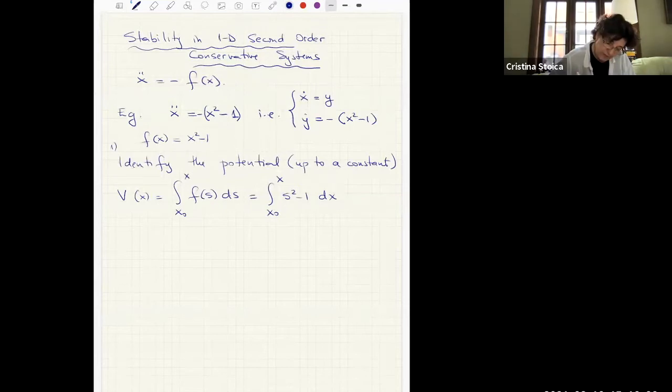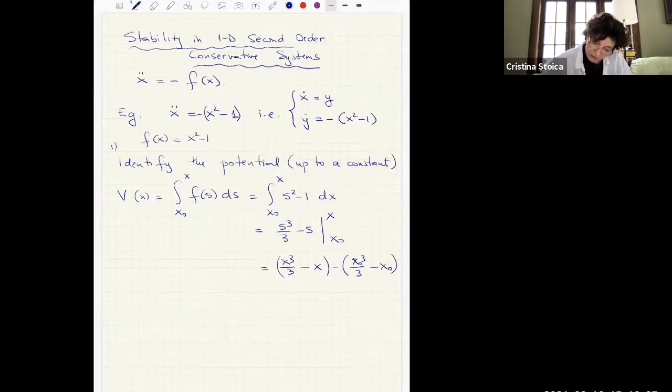So we end up with s cubed over 3 minus s, in between x naught and x. So it's x cubed over 3 minus x, and then minus x naught cubed over 3 minus x naught.